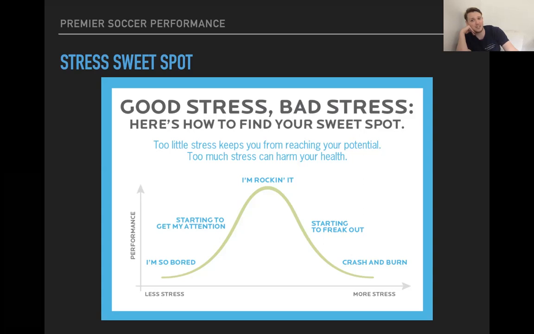That's an overly stressed athlete, which is going to be just as detrimental, if not more detrimental, than someone who's underloaded. Okay. So what we're really striving for here is this middle ground, right? This "I'm rocking it" ground, right? I feel good. I'm challenged. I get tired during my workouts, but I'm able to do it again the next day. That is the sweet spot that we're looking for.